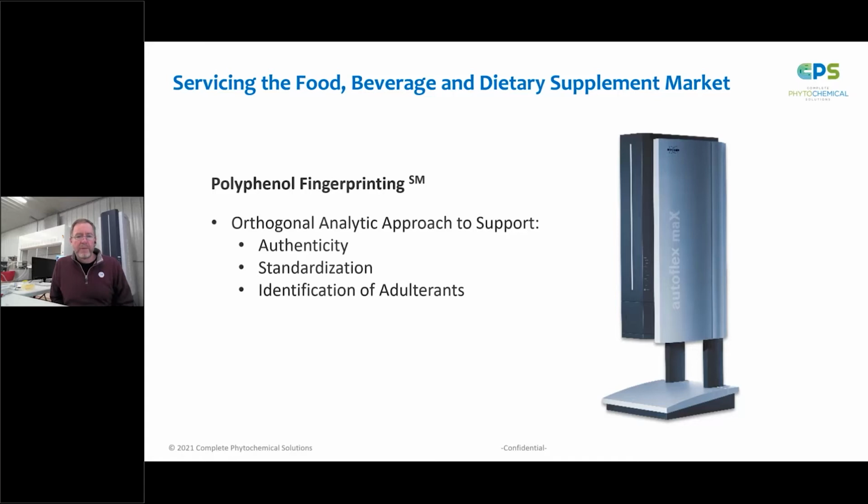I think it's important to mention that the approach we take is what we refer to as an orthogonal approach. That is one in which we are not dependent upon one single analytic instrument, platform, or method to support the identity or authenticity of a product, but rather we choose the most appropriate analytic platforms for the class of compounds that are characteristic of the original botanical material and what would be found in the ingredients that are submitted to us for analysis.